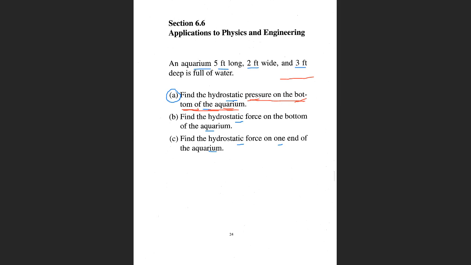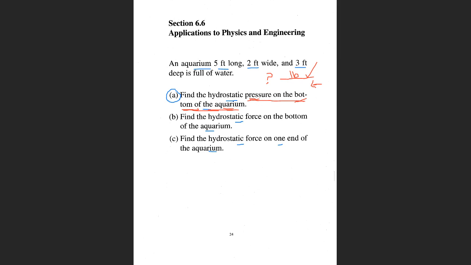The top part is going to be pounds. So for hydrostatic pressure, whatever our answer is, the top unit is going to be in pounds, but it's pounds per what? What do you think should be in the denominator here?